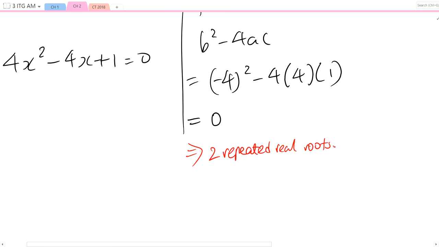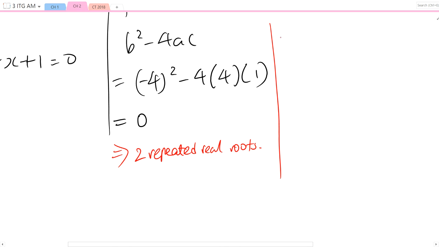And what are the roots? If we try to solve for it, we'll have x equals minus b blah blah blah, and we get 0.5. Right? Did you all get 0.5? What is the other answer? 0.5 again. So that is why we take minus b plus minus, we plus a 0, we minus a 0, you get two same values.